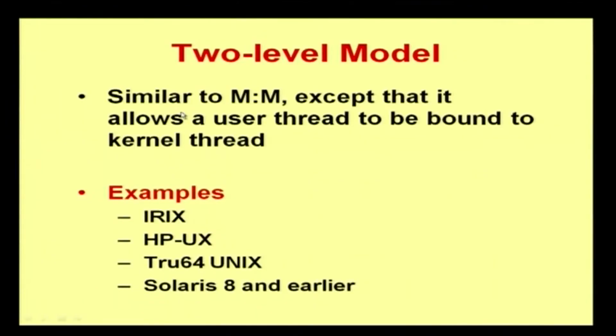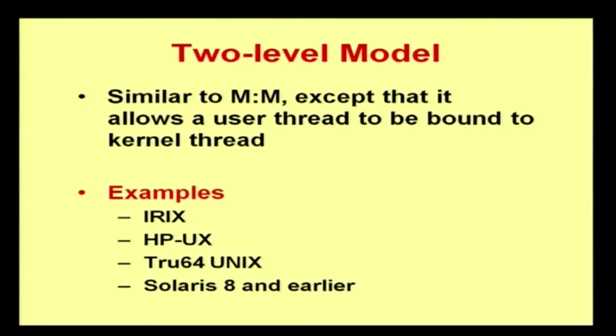The two-level model is similar to a many-to-many model, but the difference is that it allows a user thread to be bound to a kernel thread, whereas in the many-to-many model you only have a mapping between the user thread and the kernel thread. Here in the two-level model, the user thread is bound to the kernel thread.